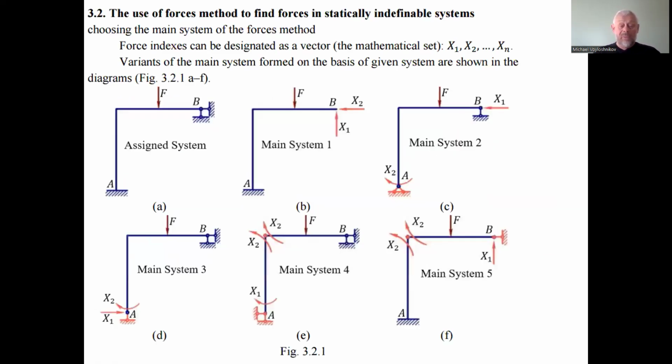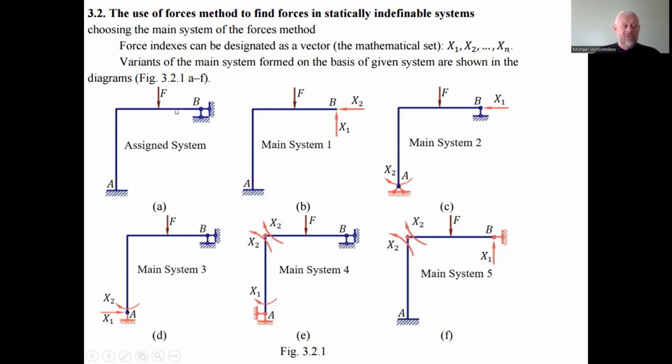Okay, so if we do the section method and cut the rod at the point of the cut and consider two parts separately, we have three more variables to find, because this rod transmits the longitudinal force, transverse force, and the bending moment.